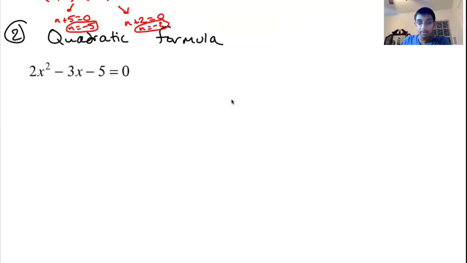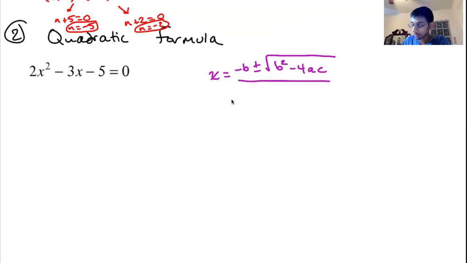So the formula is x is equal to negative b plus or minus the square root of b squared minus 4ac, all over 2a. I'll put a song in the link at the bottom because I'm not good at singing. You can listen to that song a couple times and you'll remember this. It's just a thing you'll have to learn, but it's pretty fun to learn actually when you hear the song.